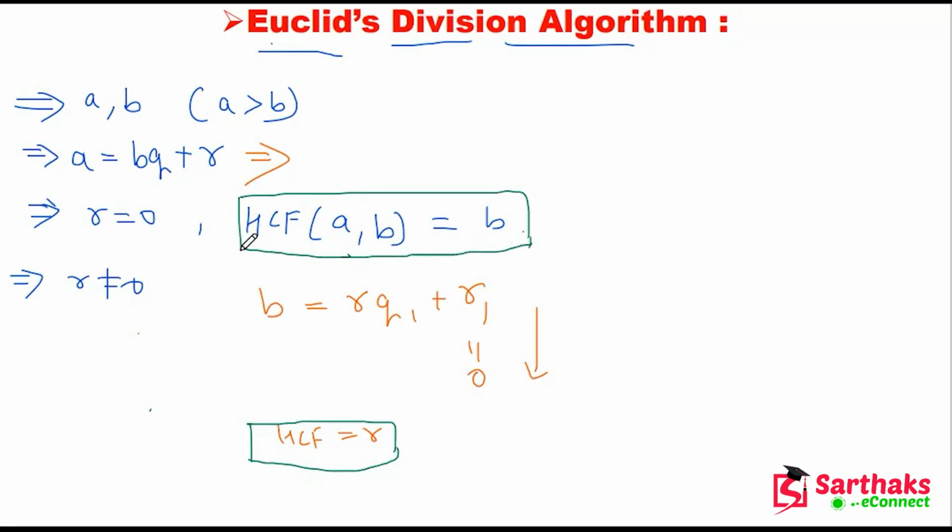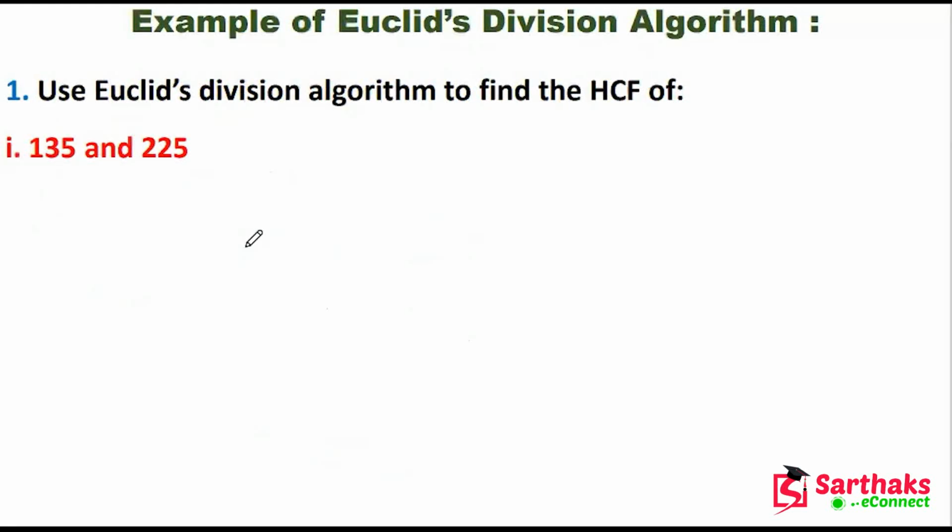So now we will move on to the examples of Euclid's division algorithm. Our question number 1 is: use Euclid's division algorithm to find the HCF of 135 and 225.